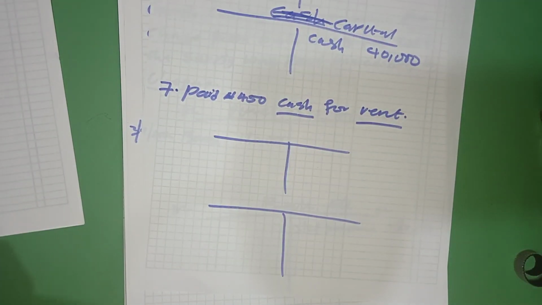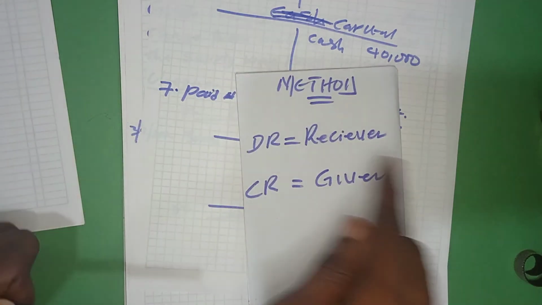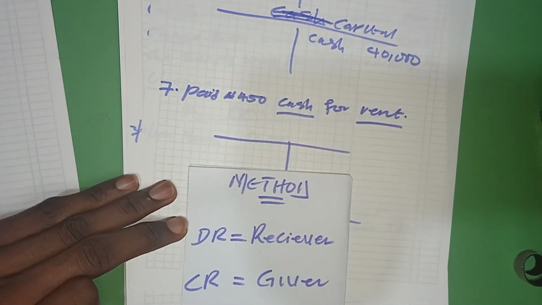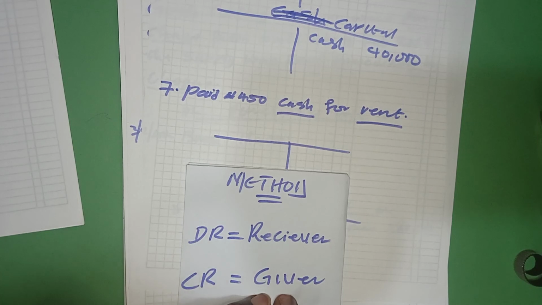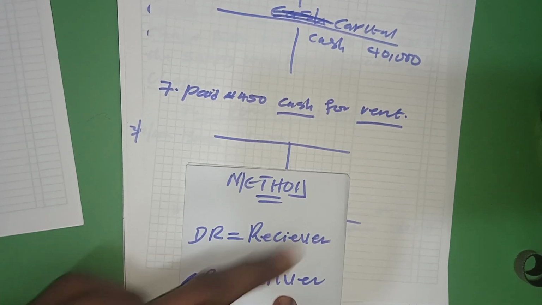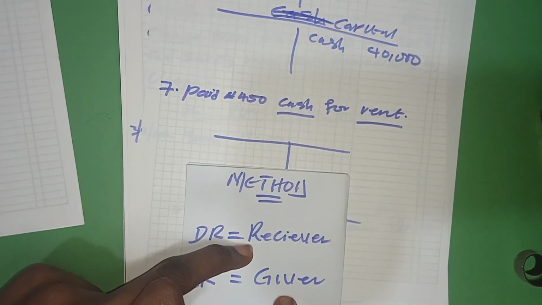Now, who is giving and who is receiving? I paid 450 for rent because of the building I am using. So I am giving, while rent is receiving.